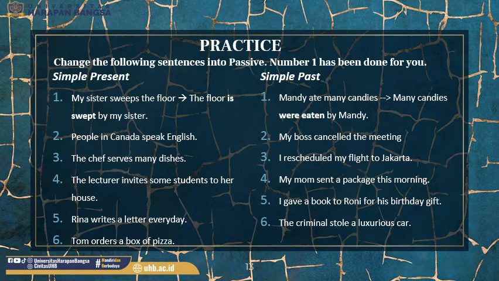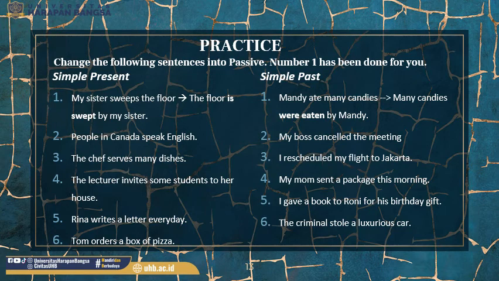Lalu kita lihat di sini ya, the floor itu tunggal, oke? Maka bentuk be yang kita pakai adalah is. Setelah be kita pakai verb 3 atau past participle. Past participle dari sweep adalah swept. Jadi kalimat pasifnya menjadi the floor is swept by my sister.